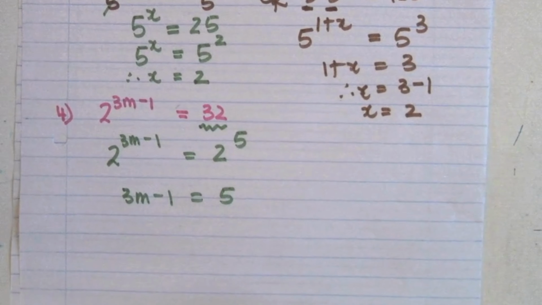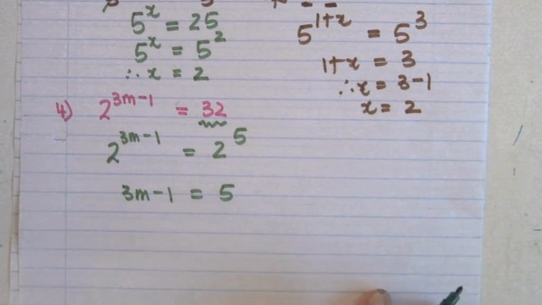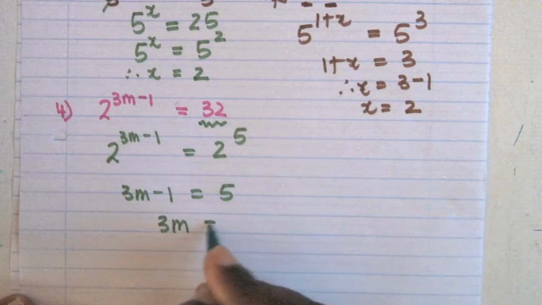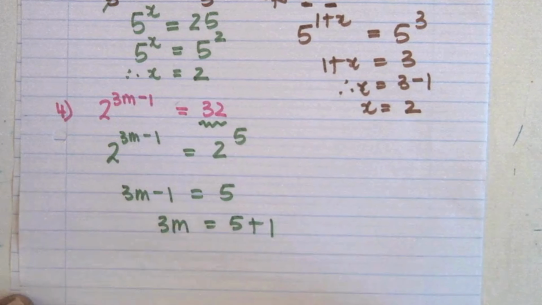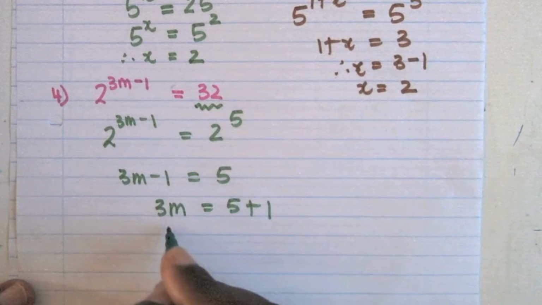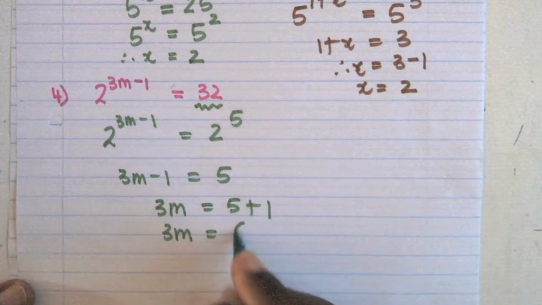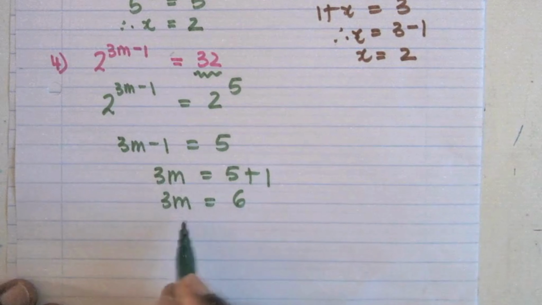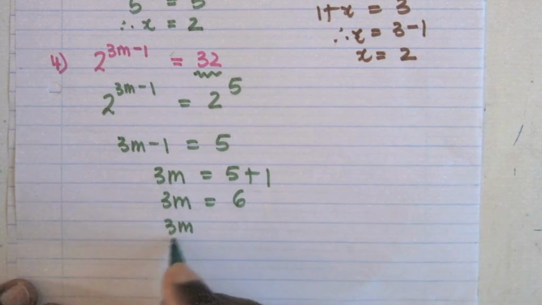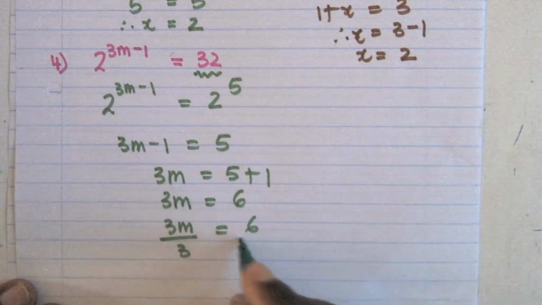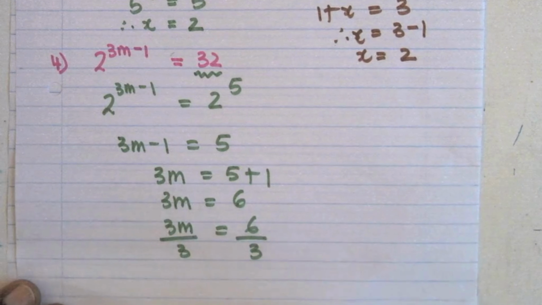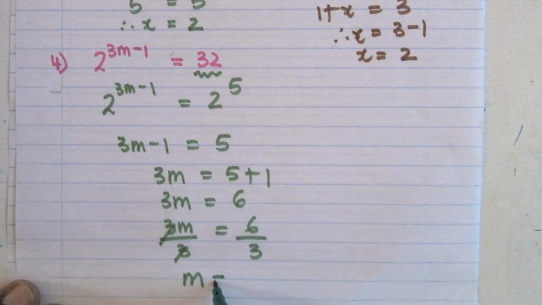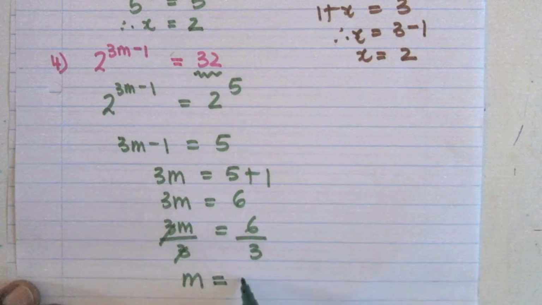Now I can solve this equation. I can use the shortcut. I'm going to write here 3m is equal to 5 plus 1. 3m is equal to 6. Then I can divide both sides by 3. When I divide here, I'm going to see that I'm going to be left with m equal to 2.